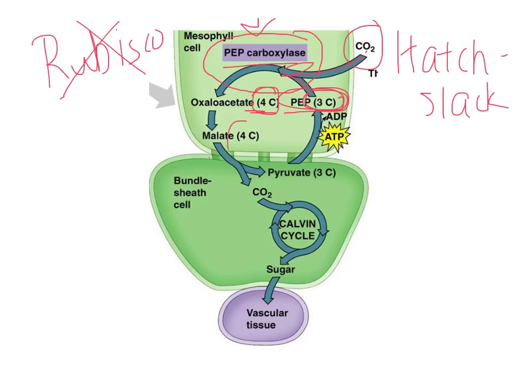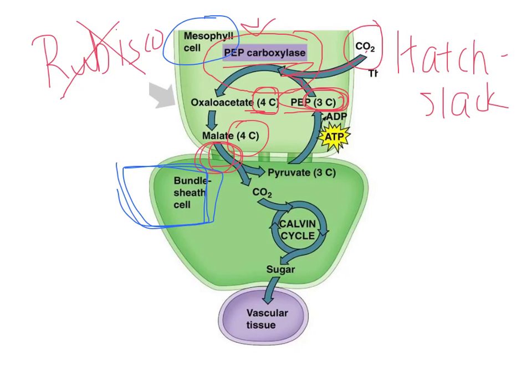So I made this 4-carbon molecule, and it will move through those plasmodesmata. Remember those holes, those gap junctions between the two plant cells? It will move through the plasmodesmata into the bundle sheath cells. So here I'm in the bundle sheath cell. Out here I was in a mesophyll cell, now I'm in the bundle sheath cell.